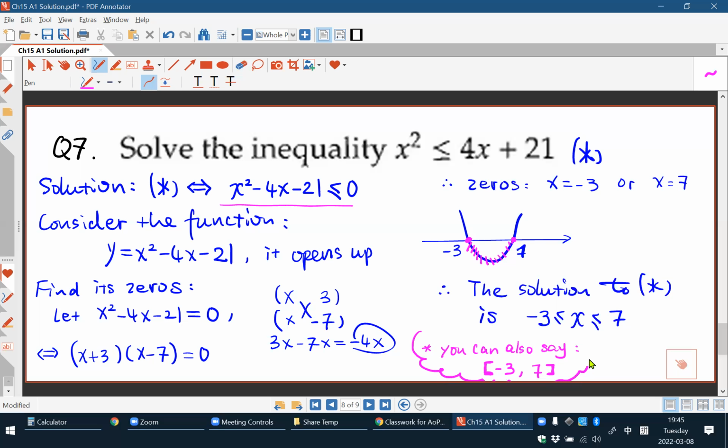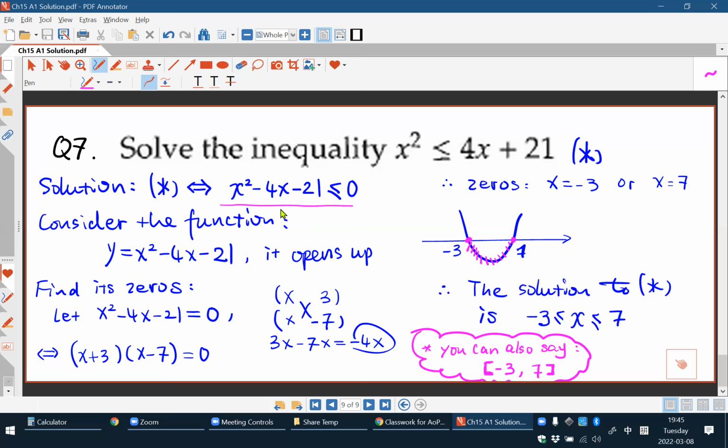And you can choose either way to express your final solution, okay? Please have a look at this question and let me know if you have anything to ask. I'm good.